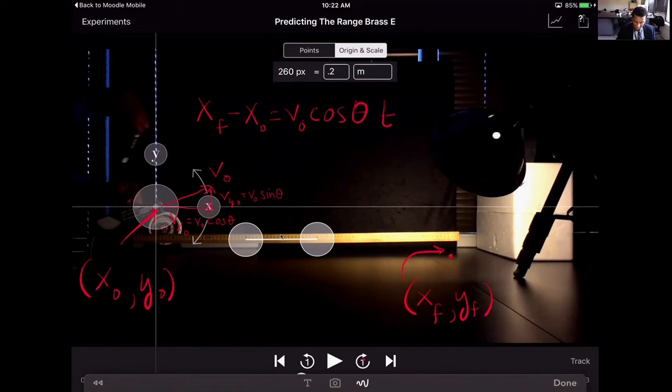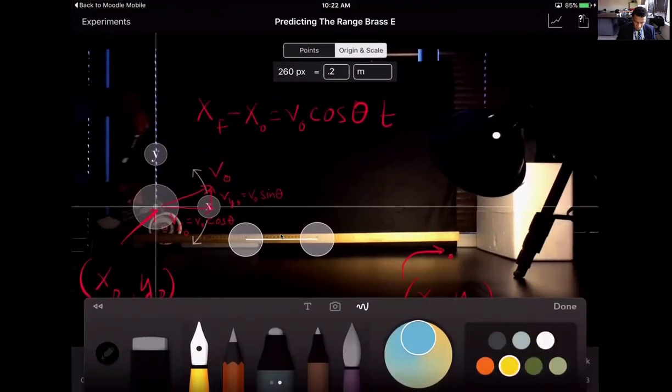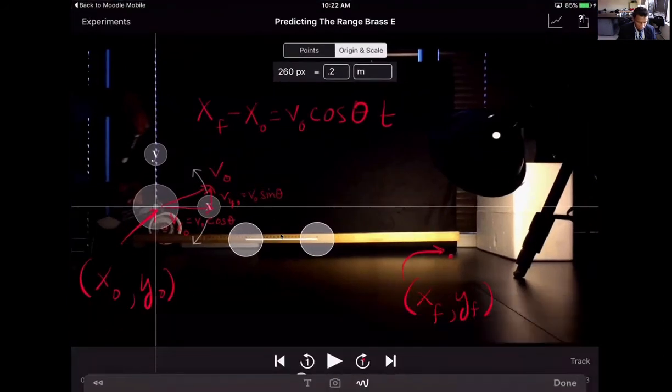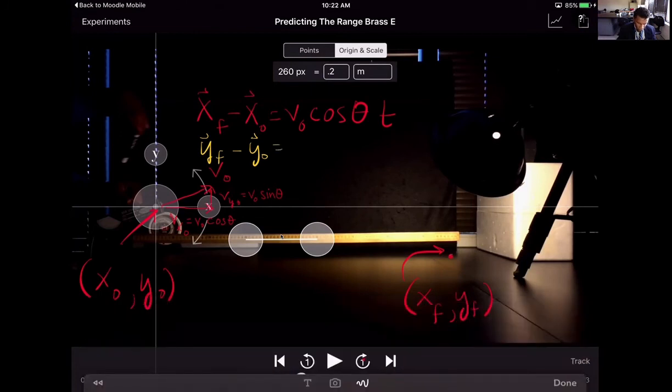And how are we going to calculate our time of flight? You guys may or may not remember, but we're going to use the Y equation. Y final minus Y initial equals our initial velocity times sine of the angle times t minus 1/2 g t squared.